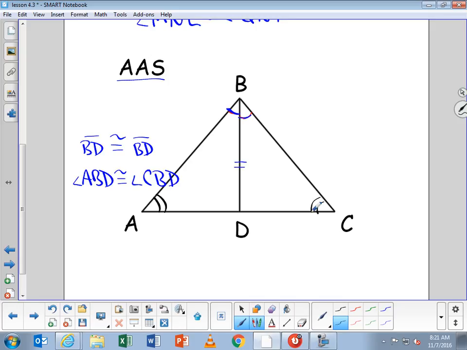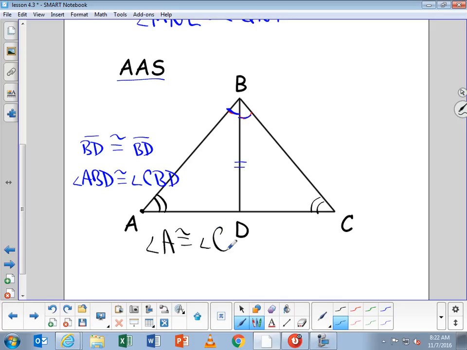What could I call angle BAD instead of angle BAD? Angle A. It's the only angle at point A, isn't it? Yeah. So we can just call this angle A, and we would have to know it's congruent to angle C.